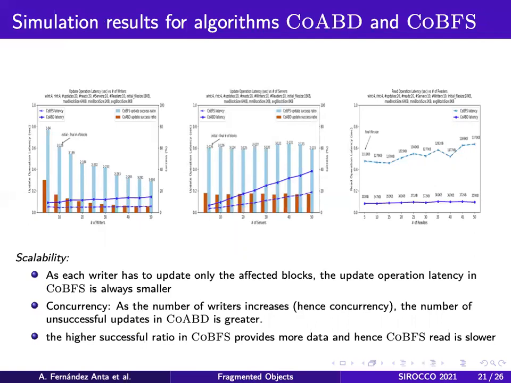In the first scenario, we examine the performance under various numbers of readers, writers, and servers. As we can see in the first two figures, the update operation latency in CoBFS is always smaller, as each writer has to update only the affected blocks.